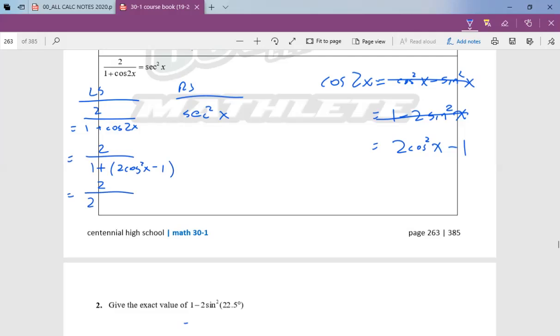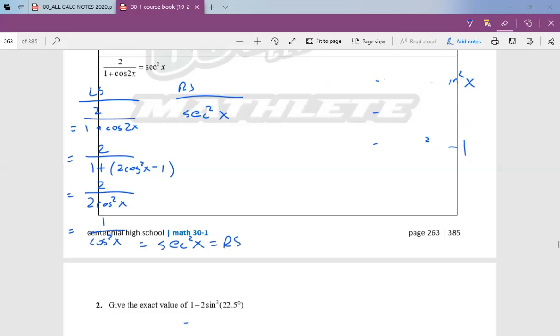And this is 2 over 2 cos squared x. The 2's divide away. And this is 1 over cos squared x, which is equal to secant squared x, equal to the right side.